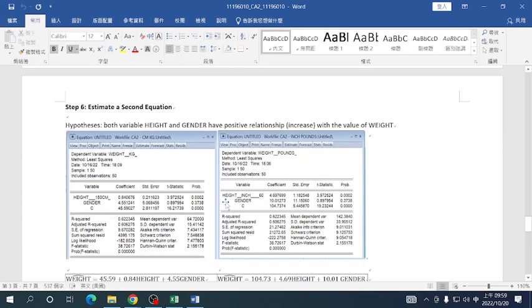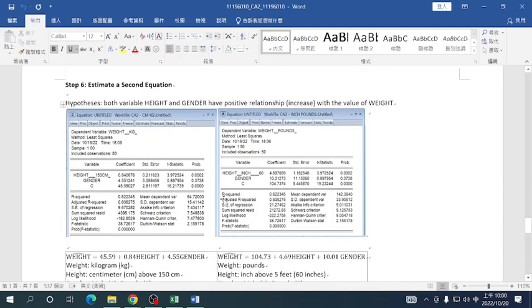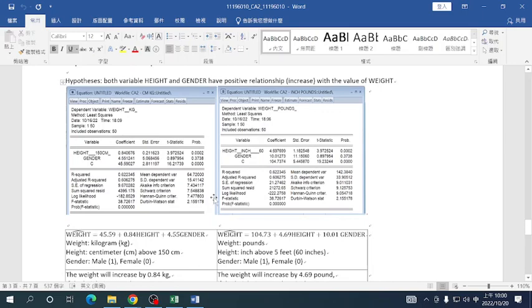And this is step 6, to estimate a second equation where we have to add the gender to the equation. Our hypothesis is that both variables, height and gender, have a positive relationship with the value of weight. And this is the equation.